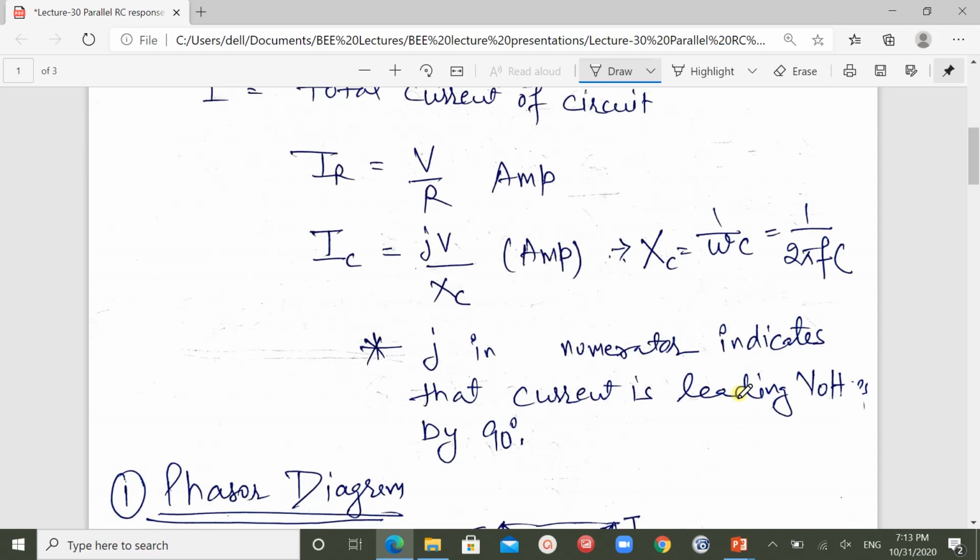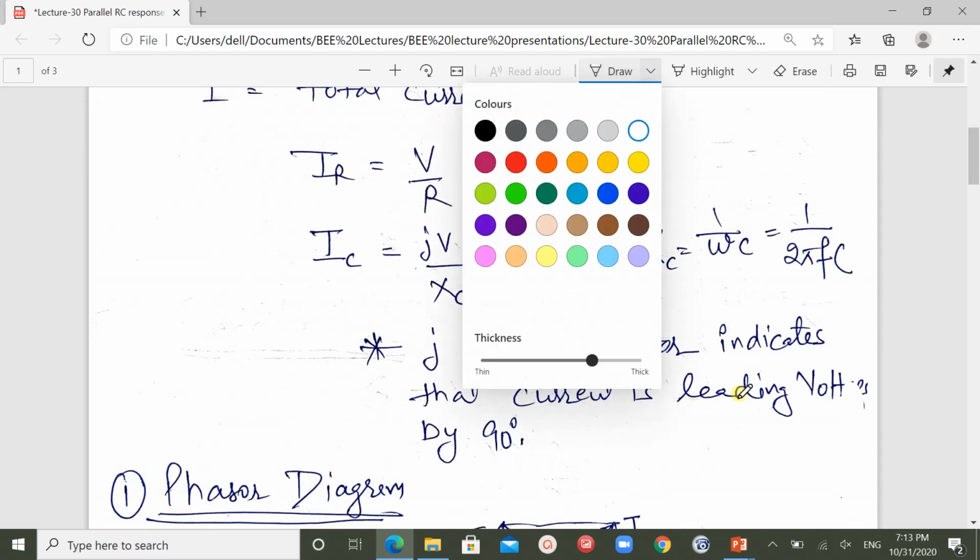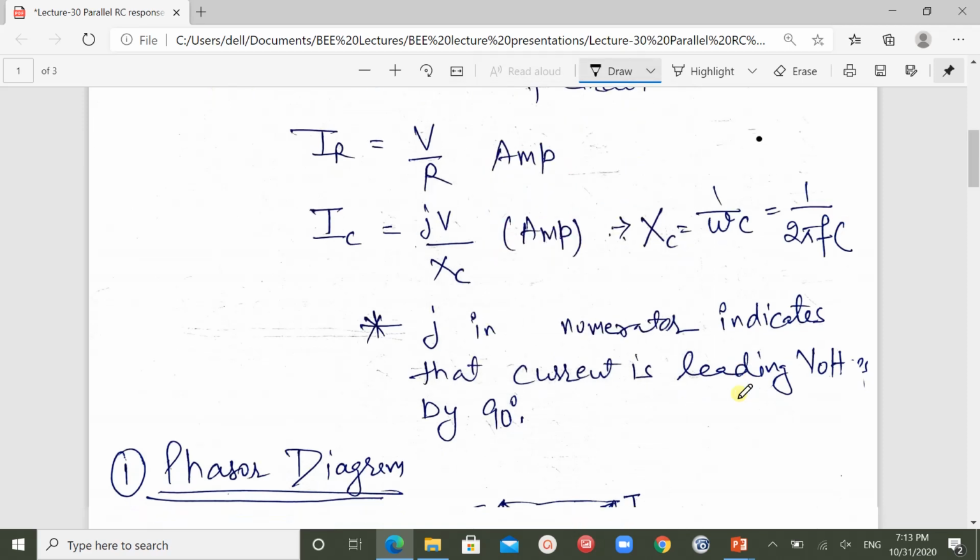So here it is mentioned that J in the denominator indicates that current is leading voltage by 90 degrees. So here the current is leading by 90 degrees.